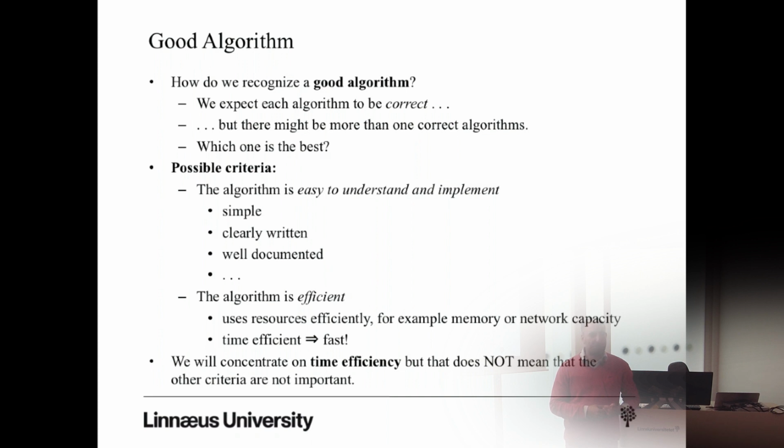Maybe some people say that they don't care about resource efficiency. They just need something which is easy to implement and easy to understand. It doesn't matter if it takes 5 seconds or 5 minutes or 5 hours. For that person, a good algorithm is one that is simple and easy to implement.